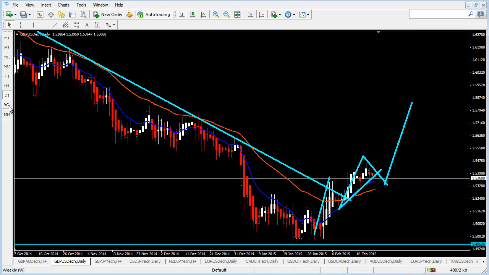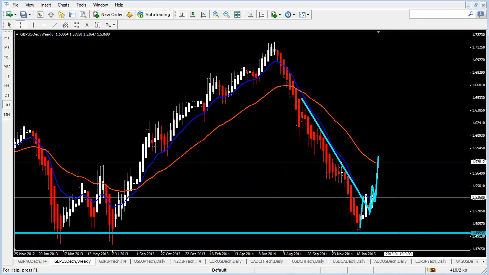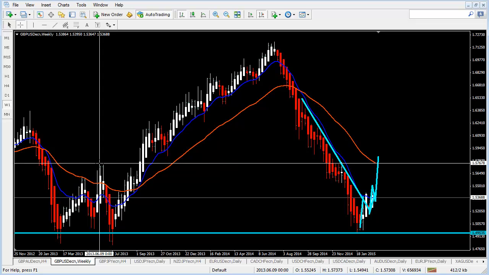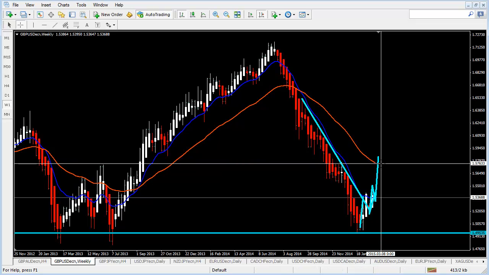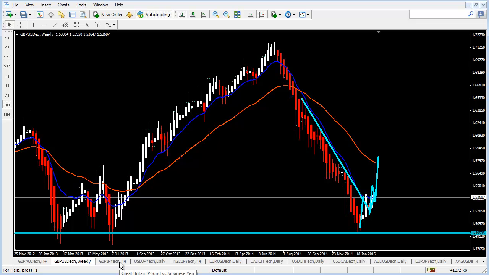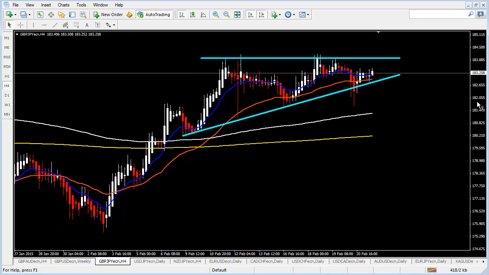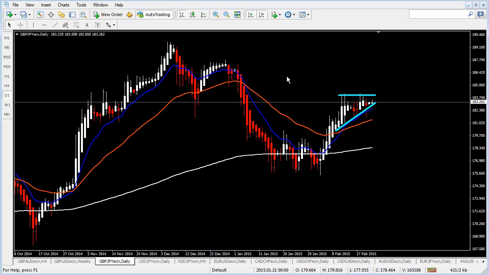Now if that's going up, you would of course target the 36 EMA with some previous highs on the weekly chart. Remember, only a few people look at higher time frames, daily, weekly charts. If you do that and you know the main direction, you have a big advantage over everybody else.